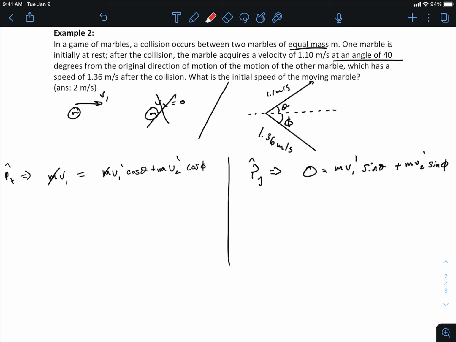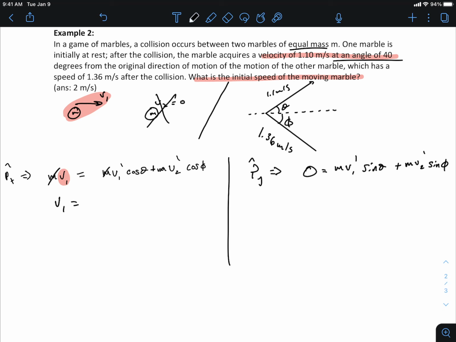And so we can see that this right here, this initial velocity, is what I'm interested in for the entire question. What's the initial speed? Not even the velocity. It's not a velocity because it doesn't have any direction, it's just speed. So we're looking for the initial speed of this marble before the collision. And so we're going to start plugging in information.